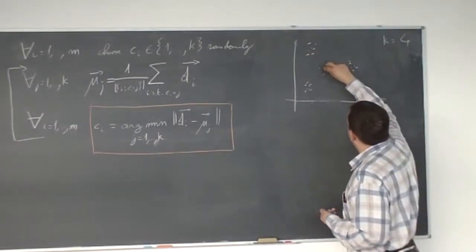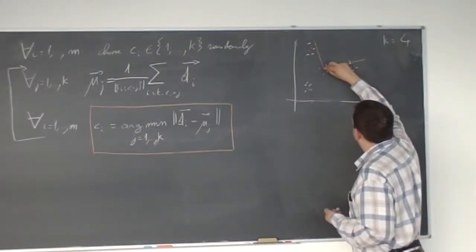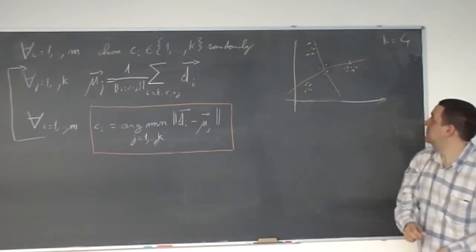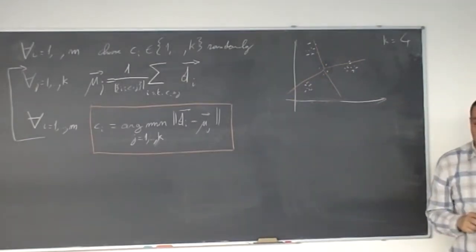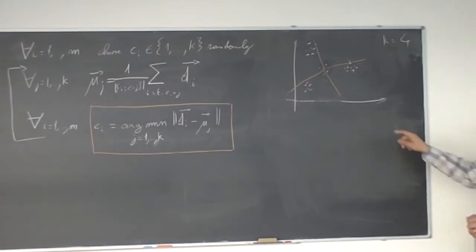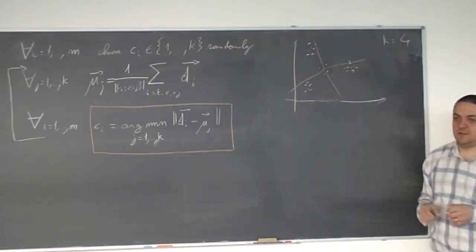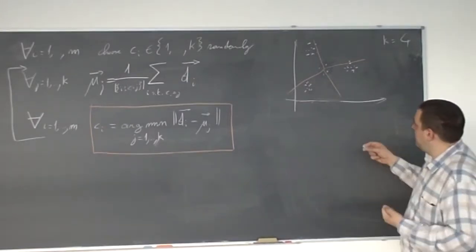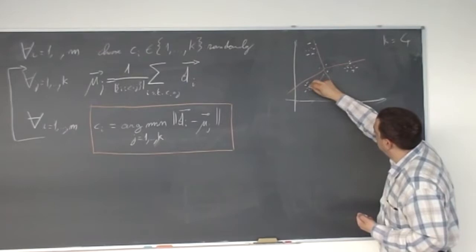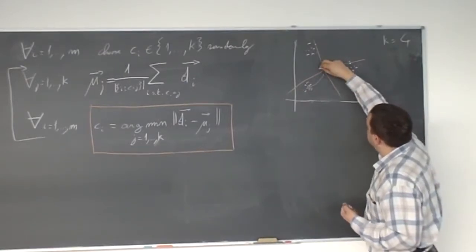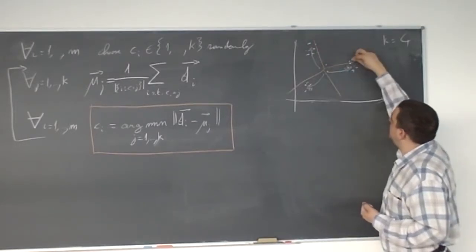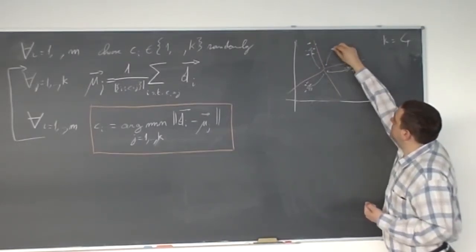So the Voronoi diagram will be something like this maybe. Here we are lucky because every representative has at least one closer element. Now, what happens next? This will move here, this will move here, this will move here, and this will be the average of these elements, so it will move here.